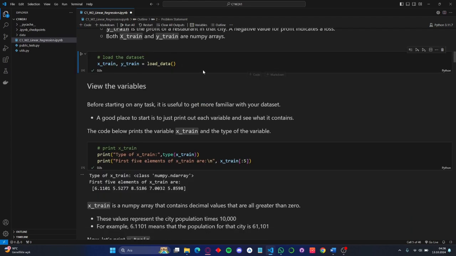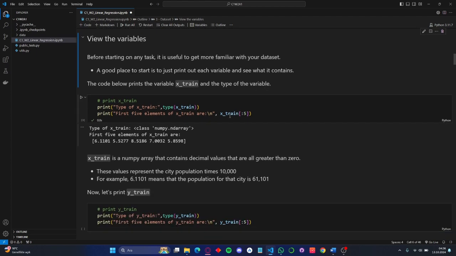Y train is the profit according to that population in that city. We run this cell, and here we look at the type of X train and its first five elements. The type of X train is a numpy array, and these are the first five elements. This means 10,000 times.